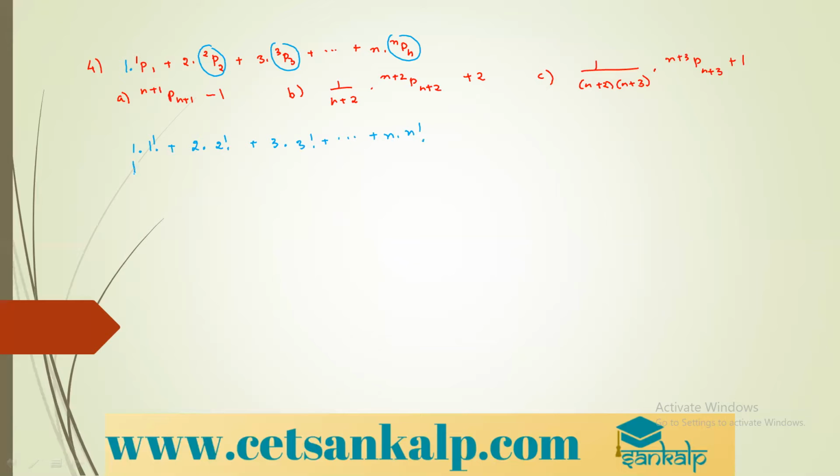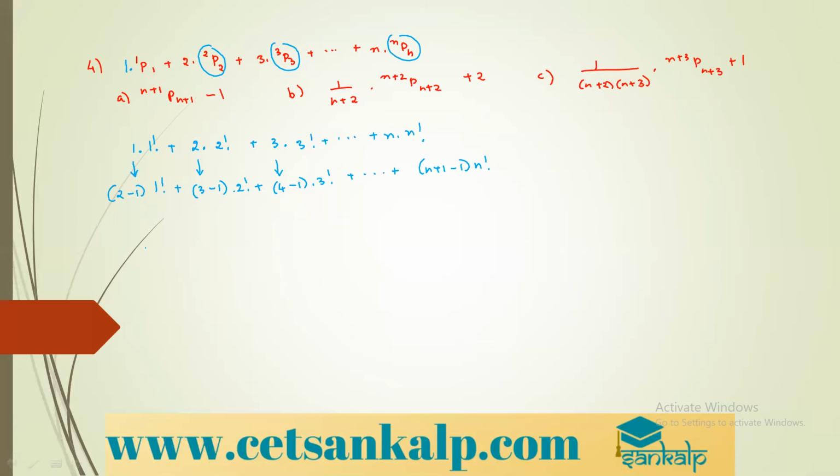Now this one I will write as 2 minus 1 into 1 factorial, 2 I will write as 3 minus 1 into 2 factorial, 3 I will write as 4 minus 1 into 3 factorial, and so on. The last n, I will write as n plus 1 minus 1 into n factorial.